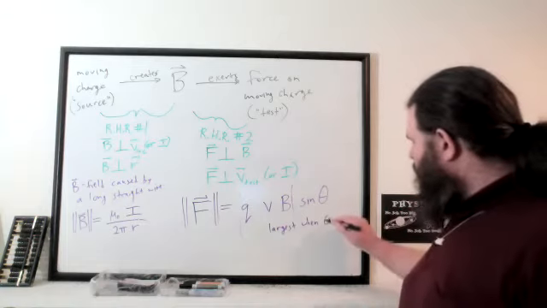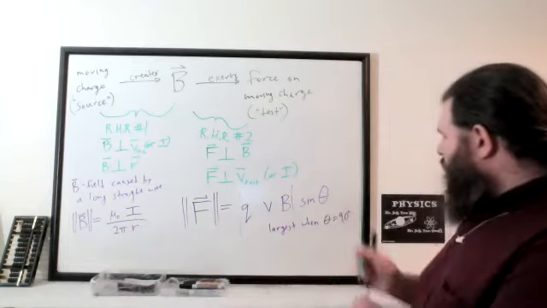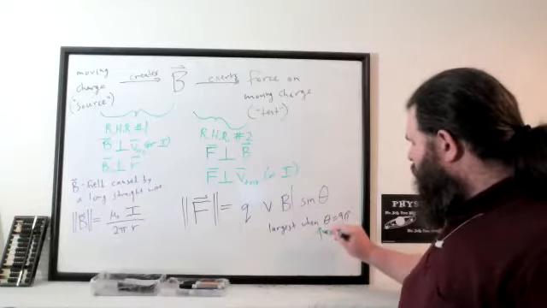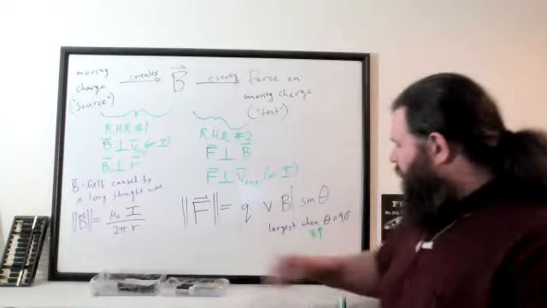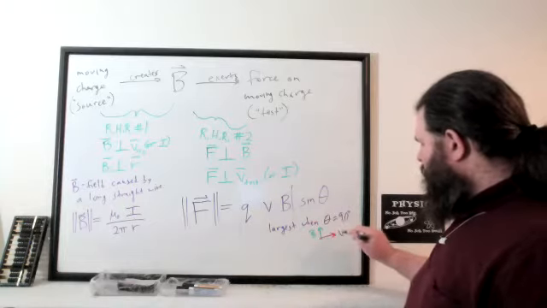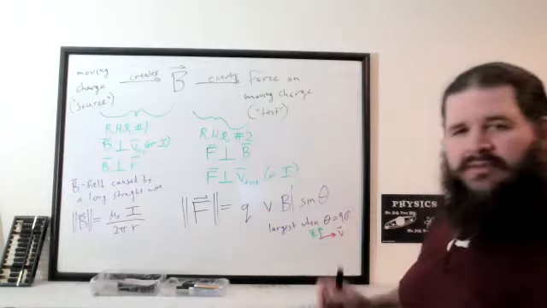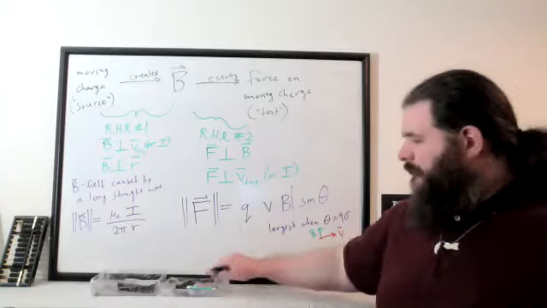Yeah, 90 degrees. In other words, if the magnetic field and the velocity are perpendicular. If you've got a magnetic field in some direction and the particle's motion is in a perpendicular direction, you get the strongest possible force.